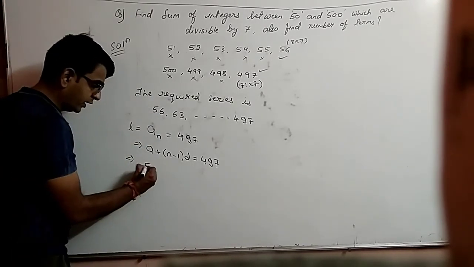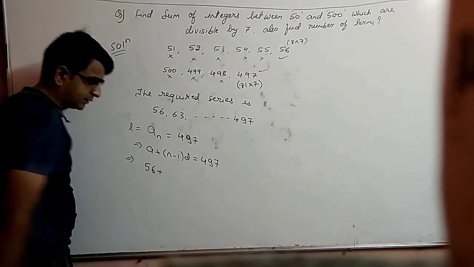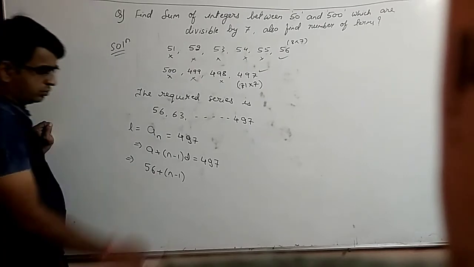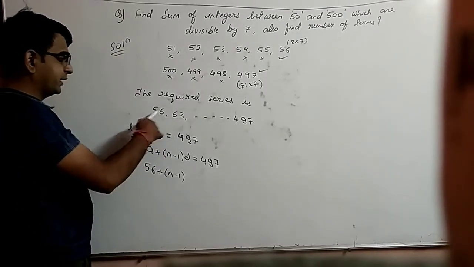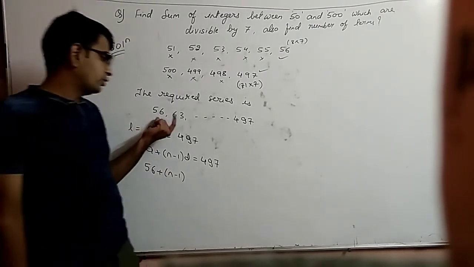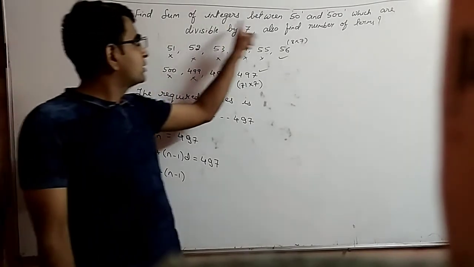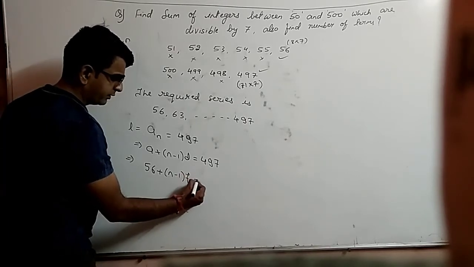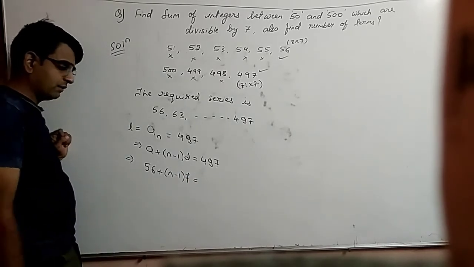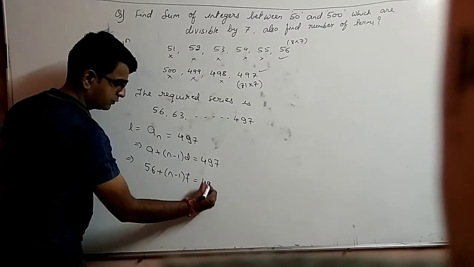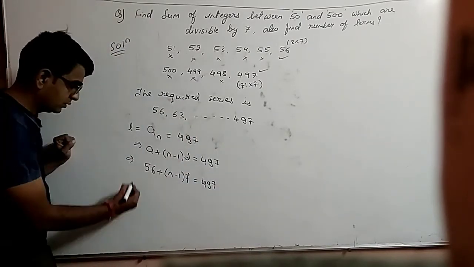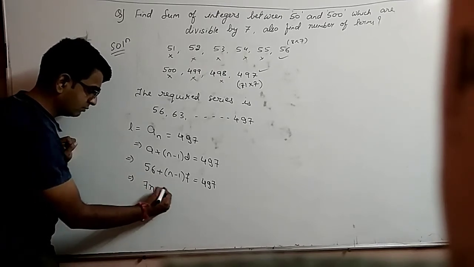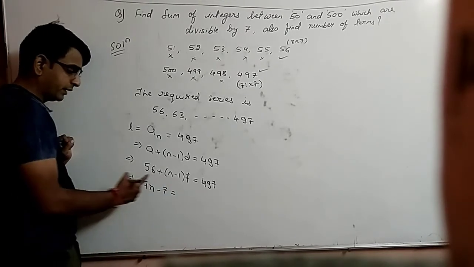So instead of A, I can write 56, and we have to find the value of D. D is second term minus first term, and we are given that it is divisible by 7. So directly we can write the value of common difference is 7, and An is 497. Proceeding further, what I will get? 7n minus 7. I have opened the bracket.